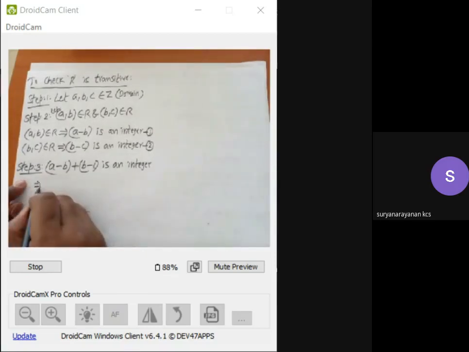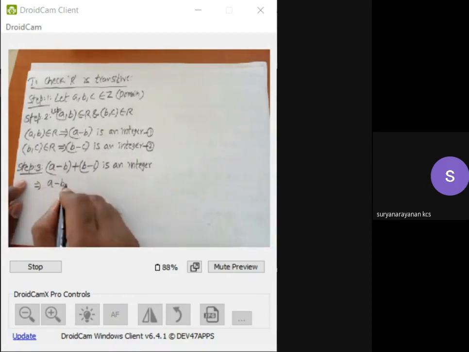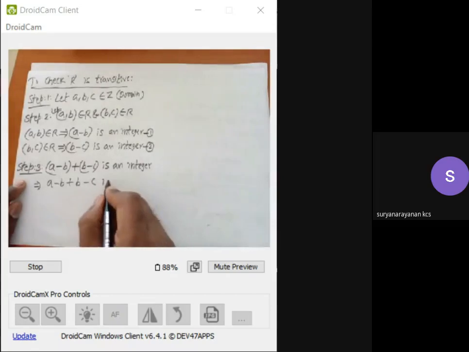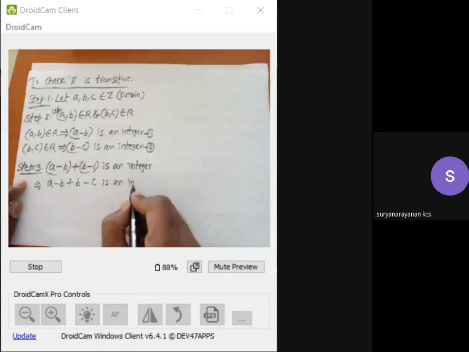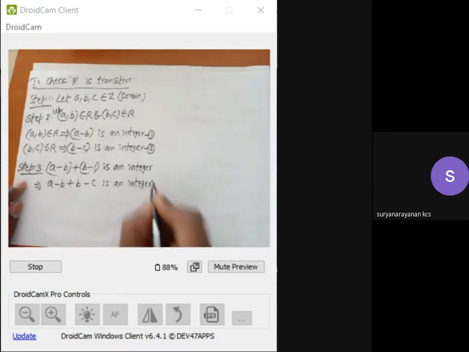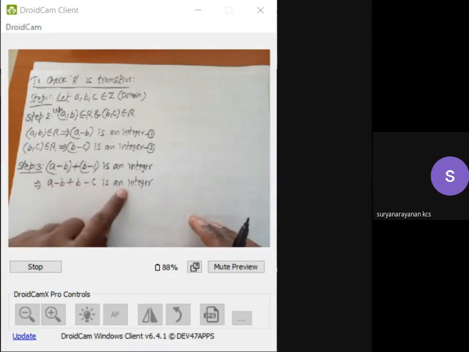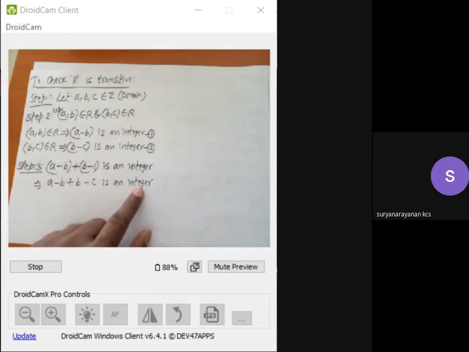Let us simplify these four terms: A minus B plus B minus C is an integer. Here I am simplifying by removing the small brackets, writing the four terms and the remaining sentence as it is: an integer. Got this step, my children?